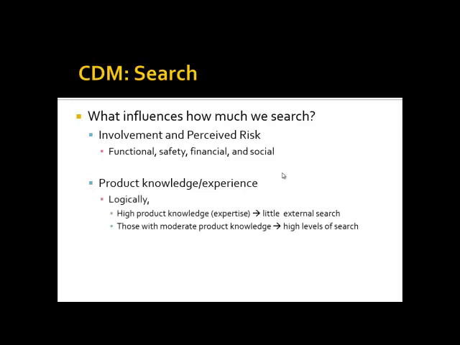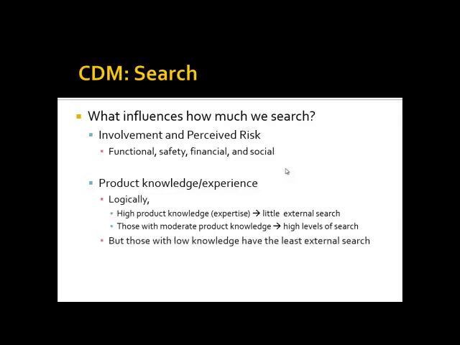As you might think, people with high product knowledge, perceived expertise, search very little. There isn't much for them to gain. People with moderate product knowledge have high levels of search. They know enough about the brand so they can learn some more to help them figure out which brand or brands are best for them.